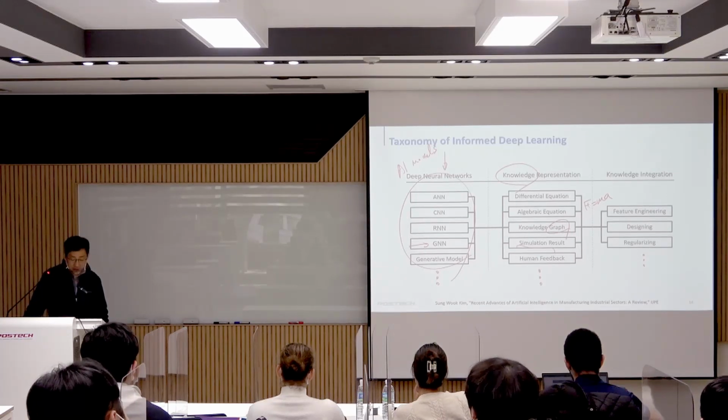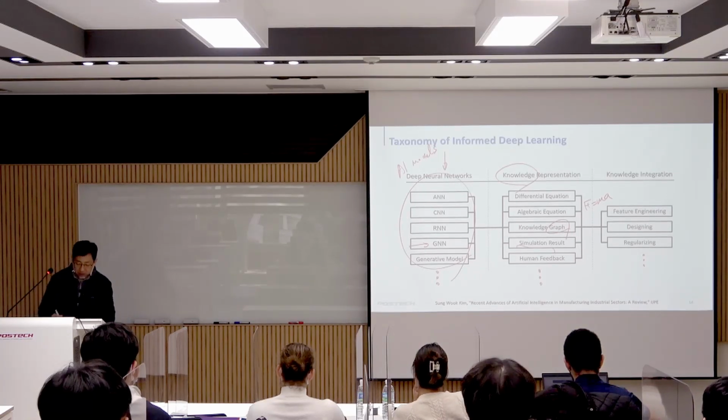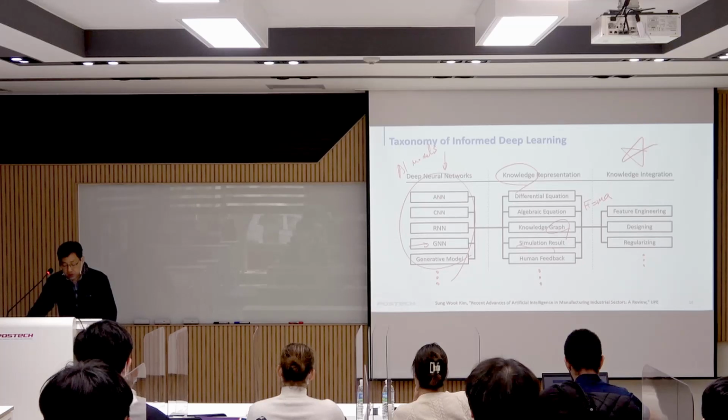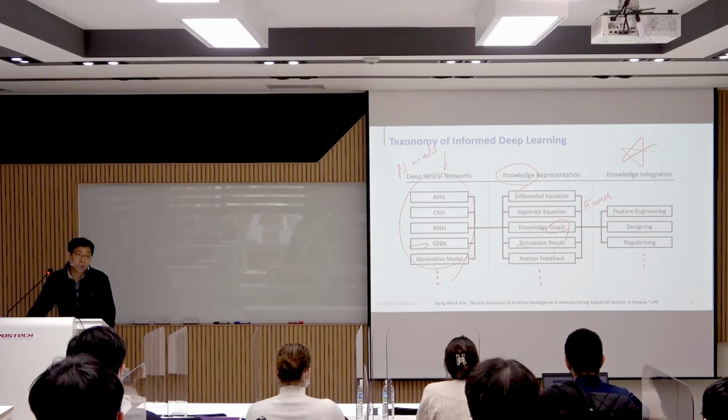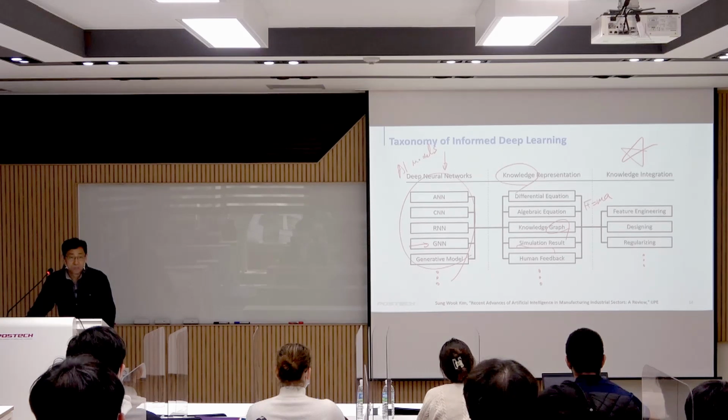So those are knowledge representations. And then the question is, how do you do the knowledge integrations? How do you embed such kind of knowledge into deep neural networks? So that's the key thing that we want to know.